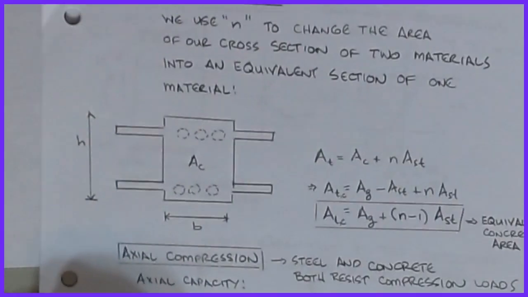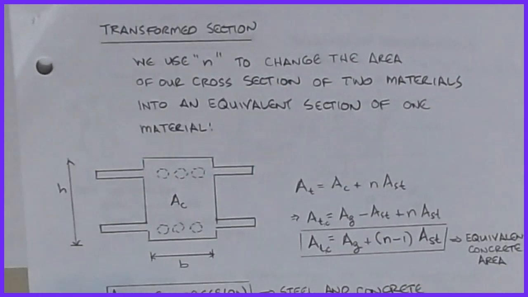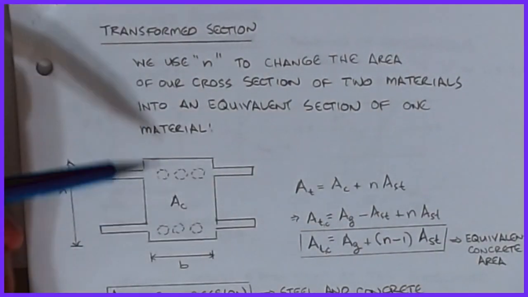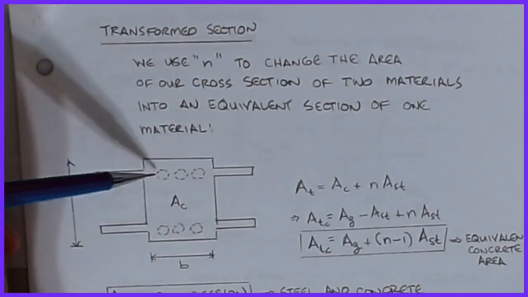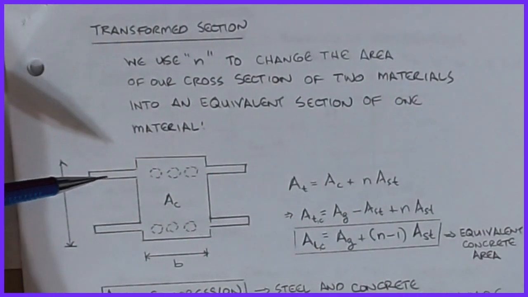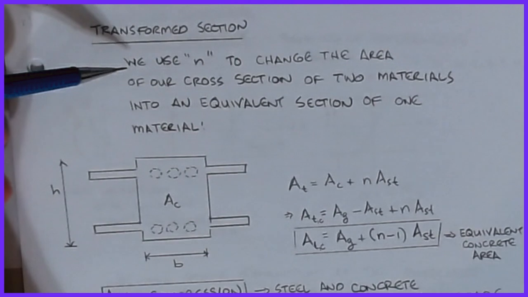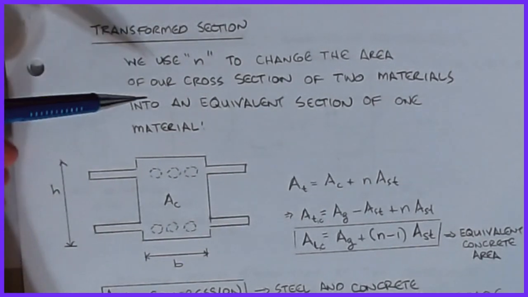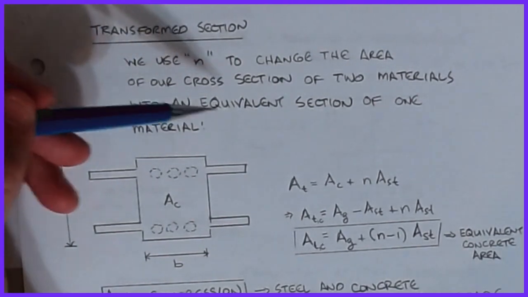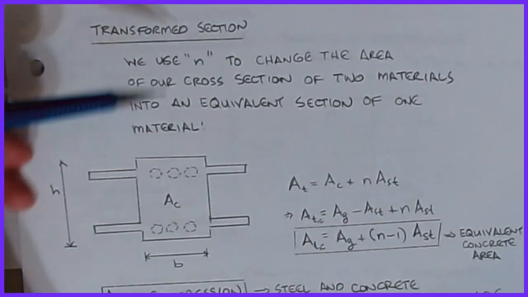Now we can use a transformed section to figure out equivalence, because our mechanics formulas have problems dealing with sections of 2 materials. I have to convert one material into another. So we're going to use that N characteristic to change the area of our cross section of 2 materials into an equivalent section of 1 material, and once I do that, I can do my calculations.